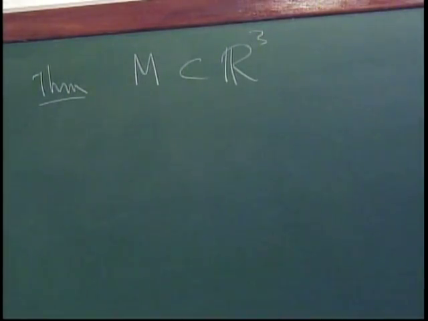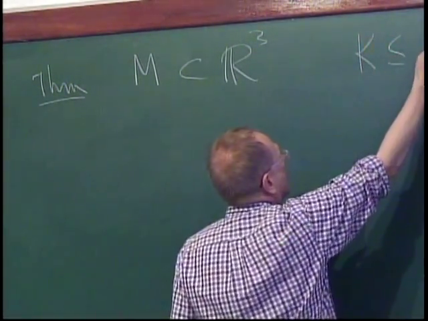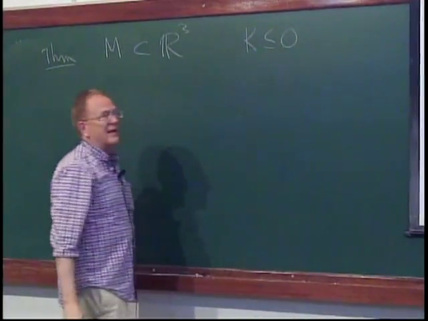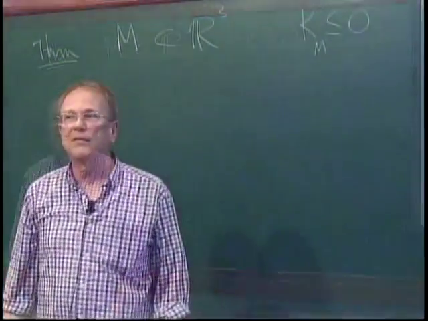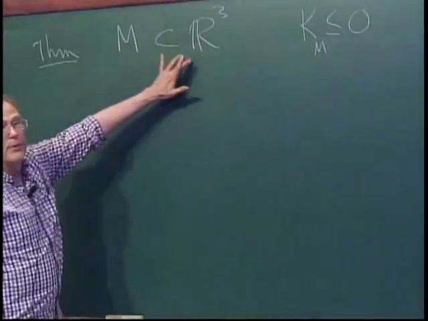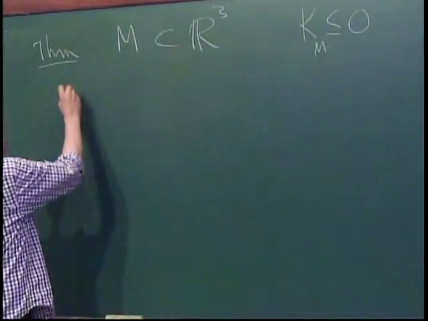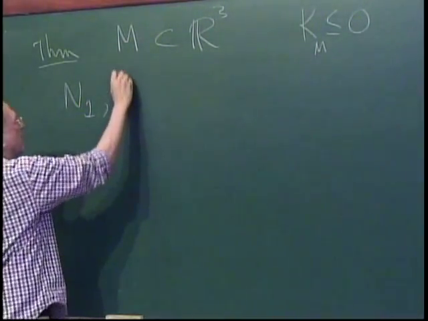Okay, so now I'm going to make an assumption about, for example, its Gaussian curvature. Okay, so suppose the Gaussian curvature function of this surface is less than or equal to 0. Then what can I say about how it separates R3 into two pieces? So if you have a surface in R3 that's properly embedded, it always separates R3 into two components.